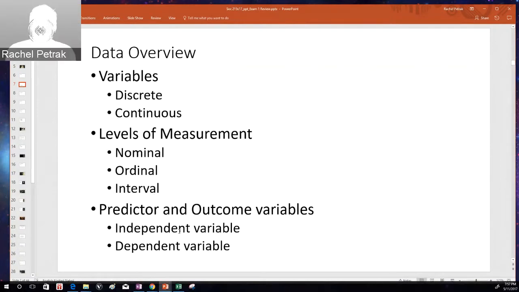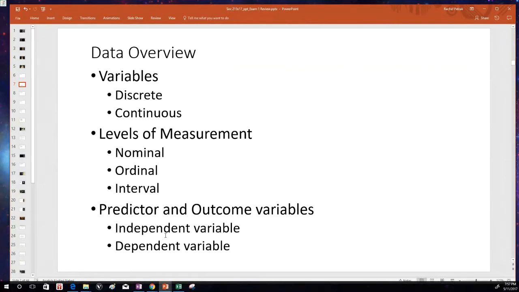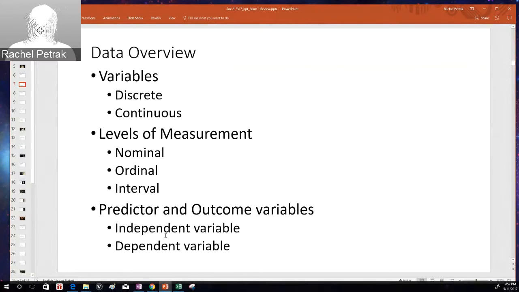Finally, we have predictor and outcome variables, also known as the independent variable and the dependent variable. The independent variable is the predictor. This is the variable that you use to group your participants. And we expect that the independent variable is going to predict the dependent variable.